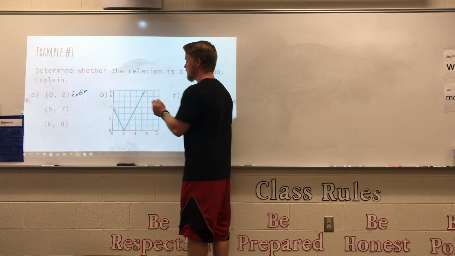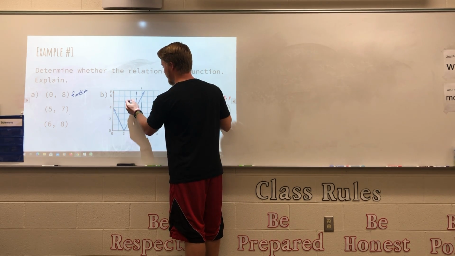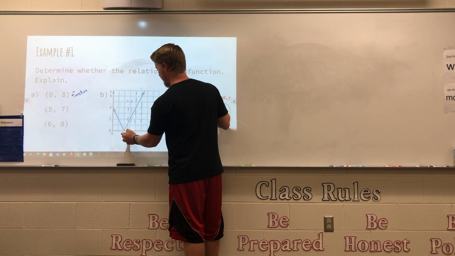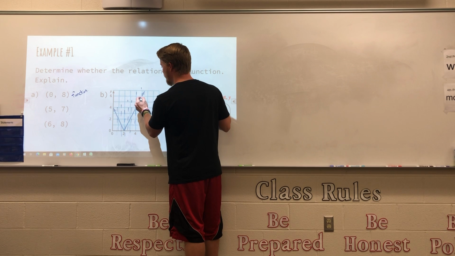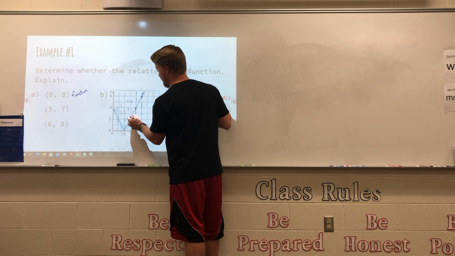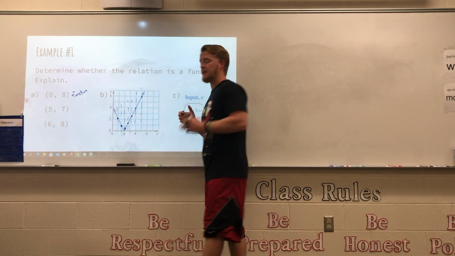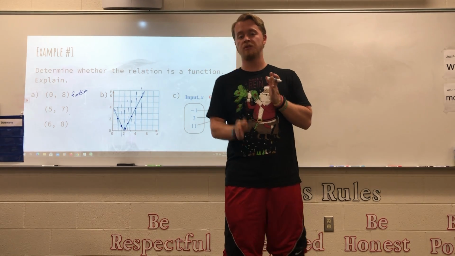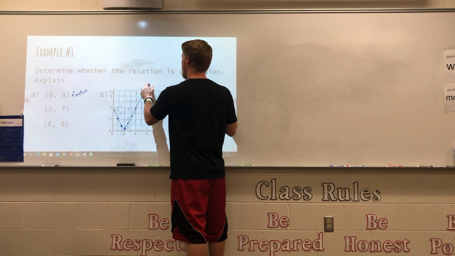But with this one, I can make a vertical line anywhere I want on this graph, and it's always going to go through just a single point. Each of these vertical lines only went through a single point. So since there's only one point being crossed every time I do the vertical line test, this would be a function.